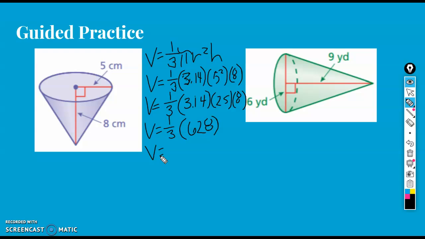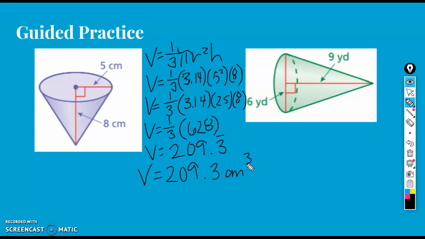So we're going to divide 628 by 3, and that's going to give us 209.3 repeating. 0.3 repeating is the same as 1/3. So this is 209 1/3, or 209.3 repeating. We can round this to the nearest tenth by just saying 209.3 centimeters cubed.